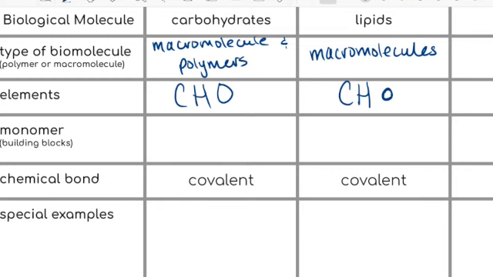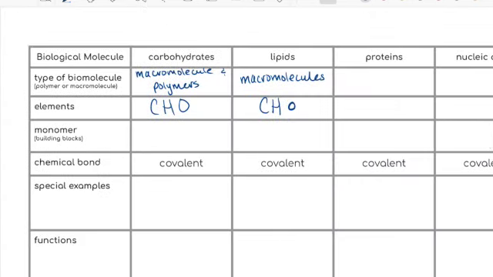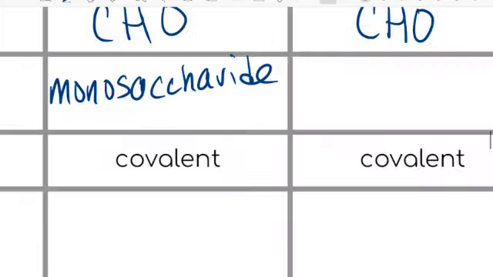There is oxygen, not quite as much, but there is oxygen. The monomer for carbohydrates is a monosaccharide, and this could be in the form of glucose. We talked about glucose, fructose, and galactose.